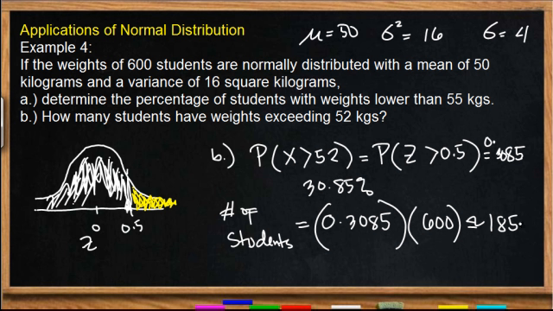And masolve na siya, it's 185. Meaning 185 ka estudyante sa population nga 600 students ang naitimbang lapas 52 kilograms. But of course, probabilities ra siya, meaning approximations only.